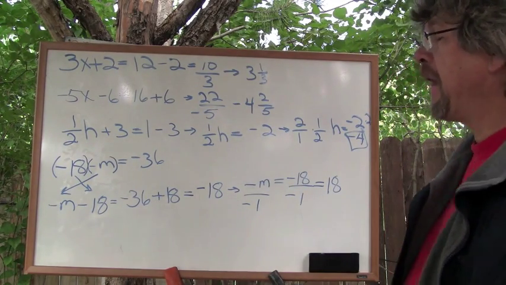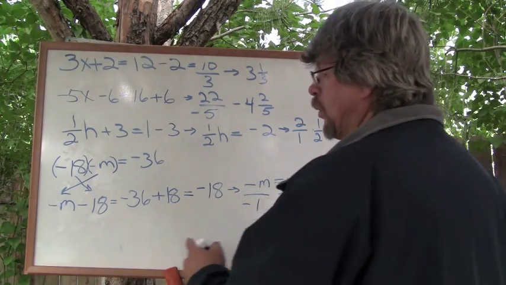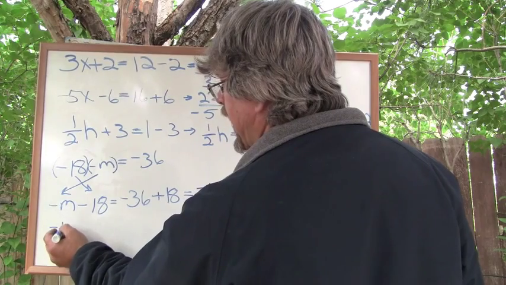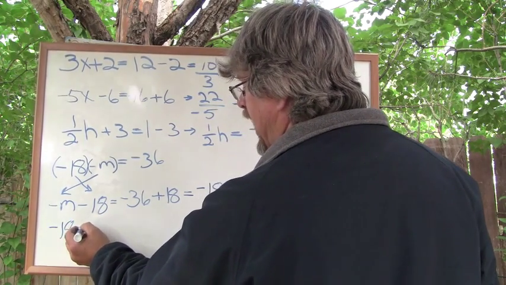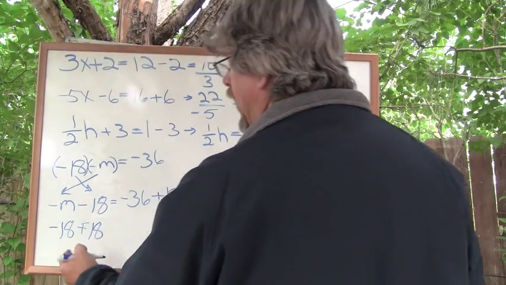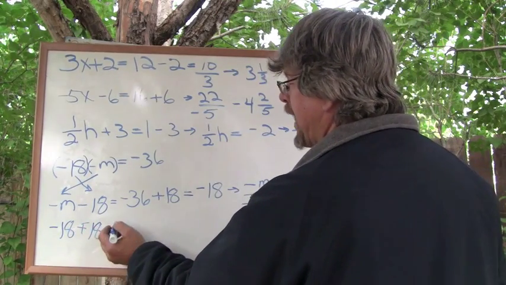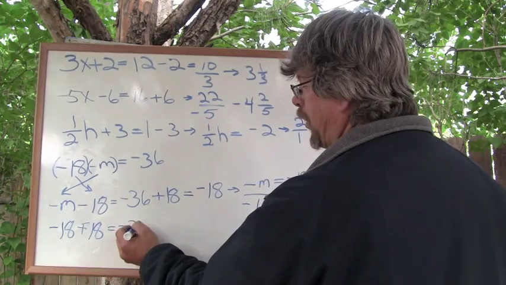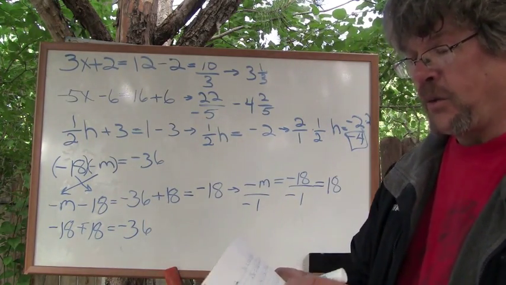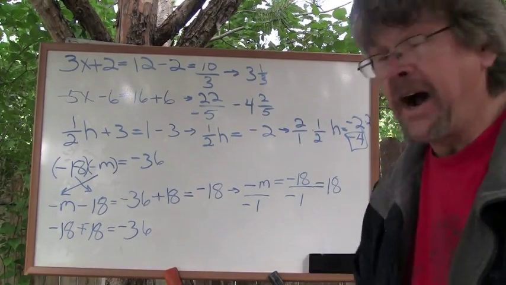And when we see that a positive 18 that has been a negative minus an 18, which is a plus negative. A negative 18 and a negative 18 does equal negative 36. So we can check our work as well. That's nice how that works.